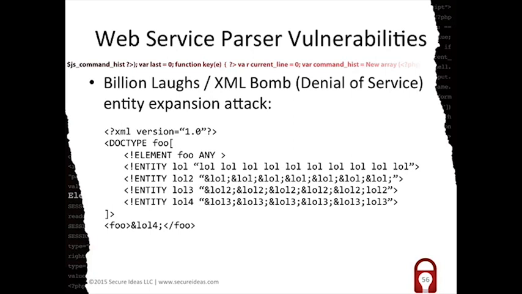If you absolutely need to have the inline doc types, then look for configuration settings that limit how much expansion occurs. Again, it really depends on the parser which settings are available. But if you can limit it to not allow system entities, so you can't actually reference a URL or a local file, that's definitely something you'll want to turn off.